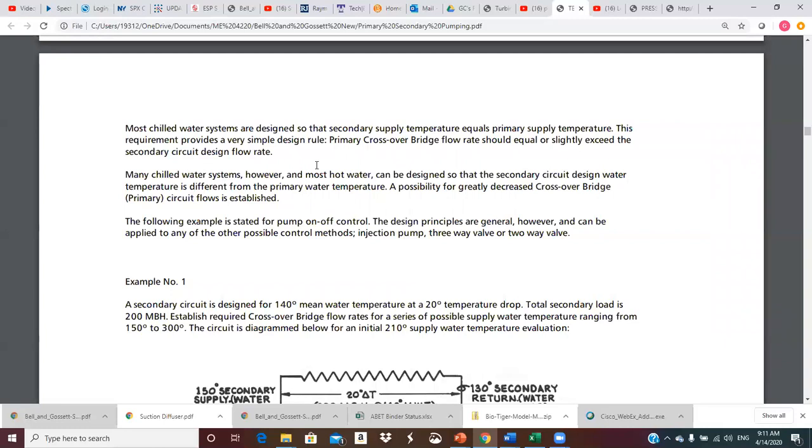And so we're probably going to pick up a couple, maybe even 2 degrees, something like that, before the water gets to the buildings, especially the buildings that are fairly far away from the chiller plant. The insulation on the pipes is not perfect, and so we will pick up some heat into the distribution loop. So we typically would want to see the chilled water temperature in the building as cold as possible, certainly at a design condition.